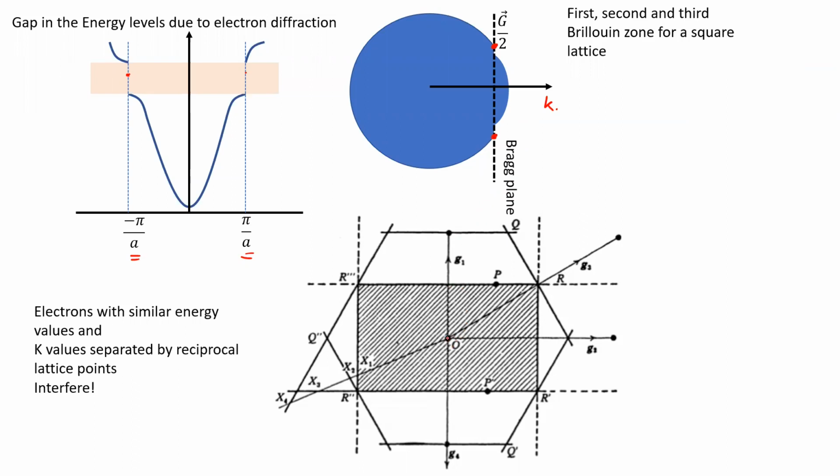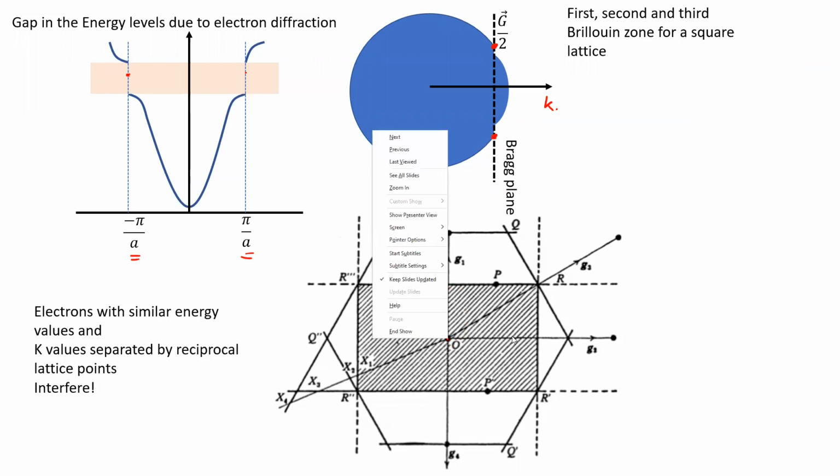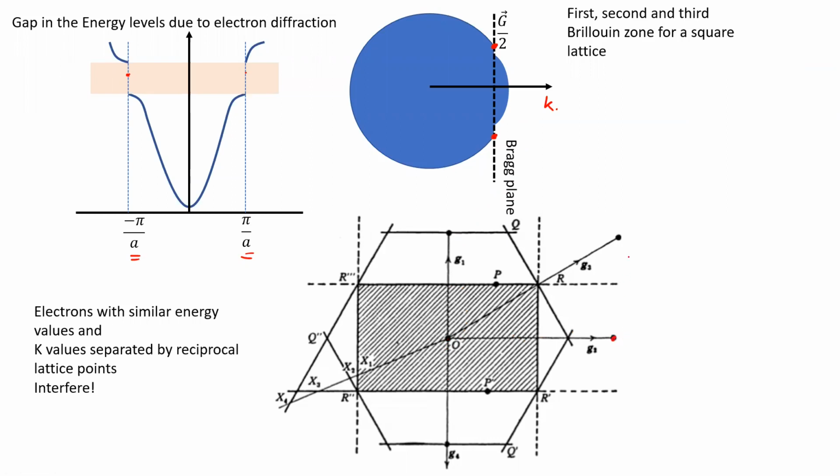Let's assume the reciprocal lattice points are like this. So you have the first point, the second point here, the third point here, the fourth, the fifth somewhere again here, right?